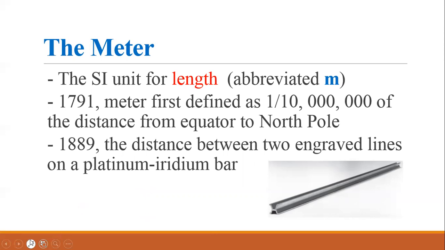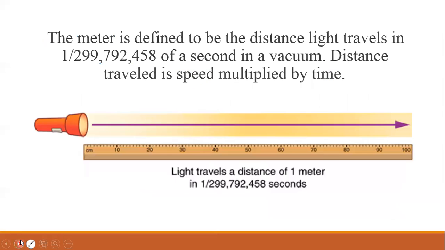Okay, that is about the meter. Here, the meter is now defined to be the distance light travels in 1 over 299,792,458 of a second in a vacuum. Okay, so distance traveled is speed multiplied by time.